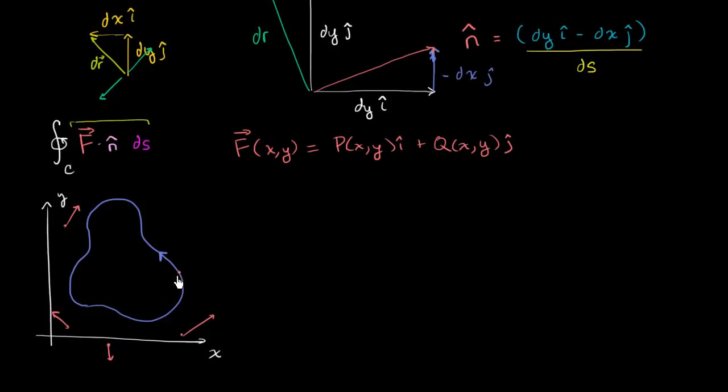So associated with that point, there is a vector. That's what the vector field does. So f might look something like that right over there. So that might be f at that point. And then we're going to dot it with the unit normal vector at that point. So the unit normal vector might look something like that. That would be n hat at that point.